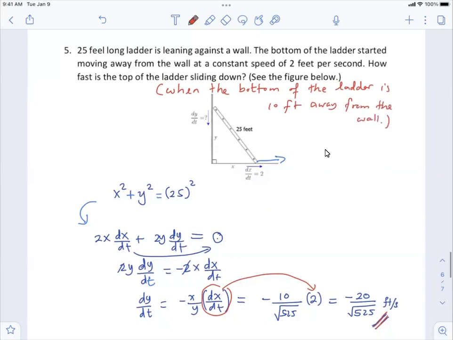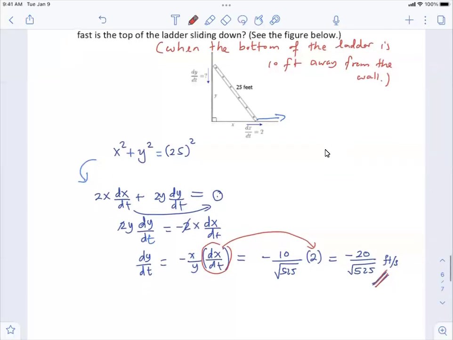I need to have an additional condition. And now when I consider 10 feet away, that simply means the value of x is none other than 10. I can include that. And then how do you determine the variable y? That is coming from the same equation that we had right at the beginning.